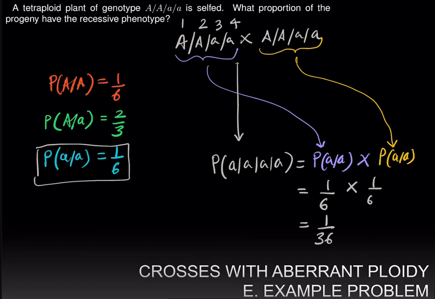And so 1/36 of the progeny are going to be mutant, while 35/36 will be wild type. And therefore we will get a 35:1 ratio of wild type to mutant.